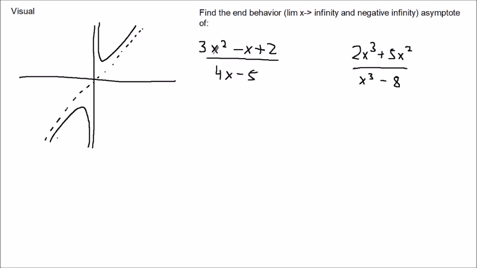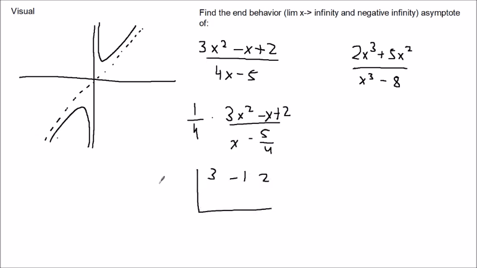Okay, so for this case right here, we'll just do the long division, or we can do the hack again, over 1/4, so that'll be x minus 5/4. Now you can just do your synthetic division. It'll be a little bit messy. All you need is this term and this term. You don't need the remainder.